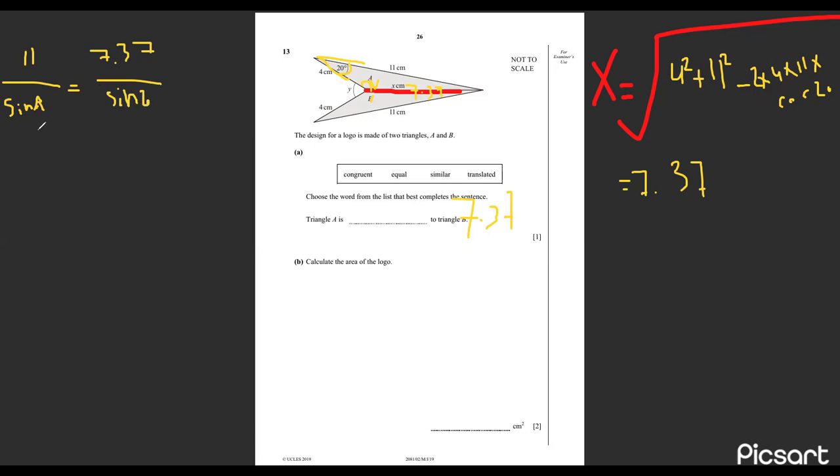If you need to get the value of angle A, it will be, by cross multiplication, shift sine of 11 multiplied by sine 20, dividing by the value of x, 7.37.